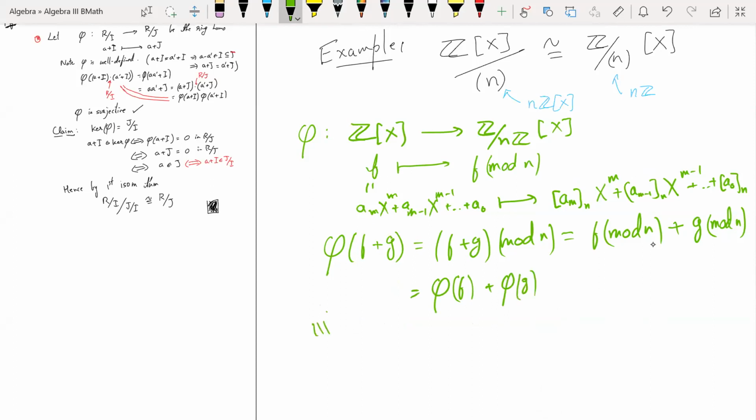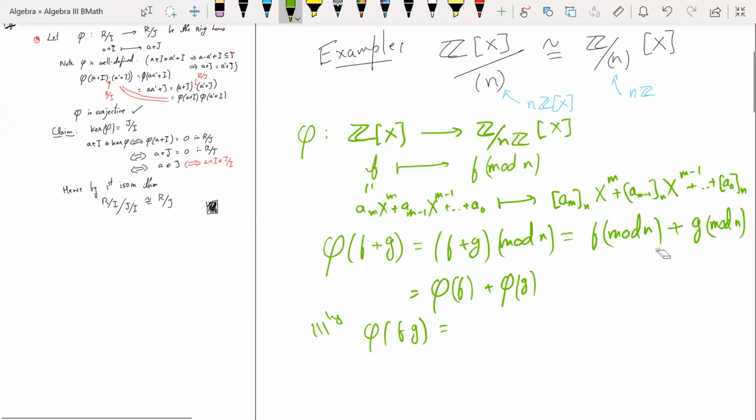So similarly, phi of fg is phi of f times phi of g. This is the same as saying that first going mod n and then multiplying the two polynomials is the same as first multiplying the two polynomials and then going mod n.